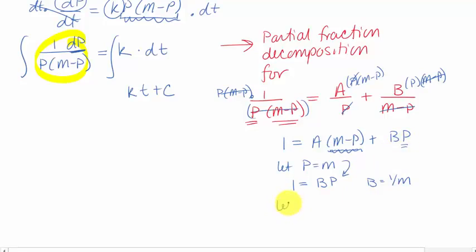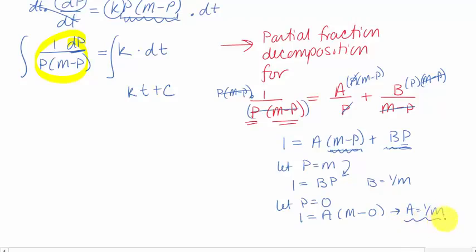So we figured out what b is, and then we're going to do the same thing with this factor. We're going to let p equal 0 here. If p equals 0, that's going to eliminate this entire term. We're going to get 1 equals a times m minus 0, since we're letting p equal 0. And if we solve for a, we get a equals 1 over m.